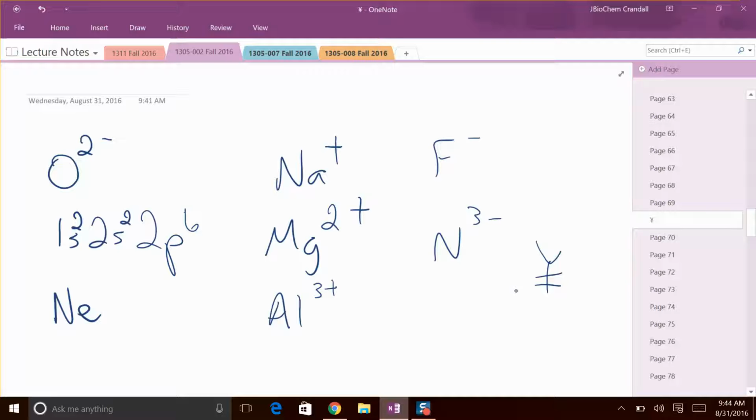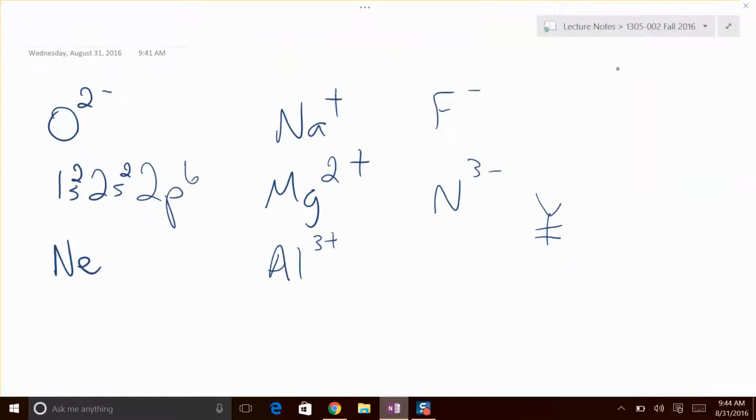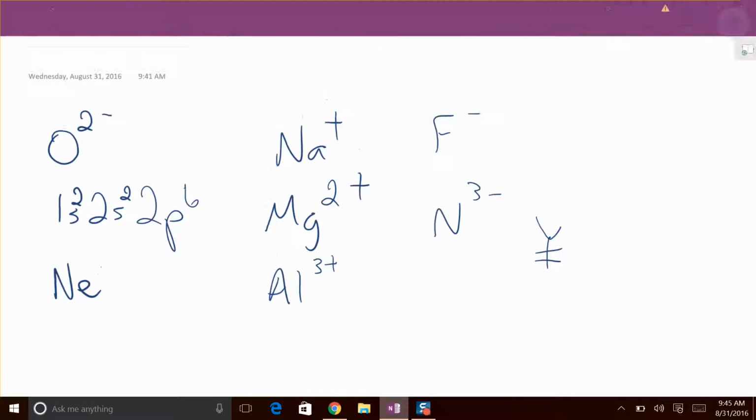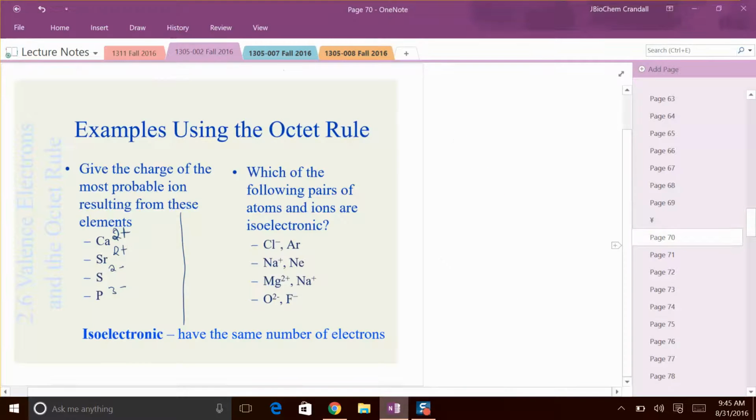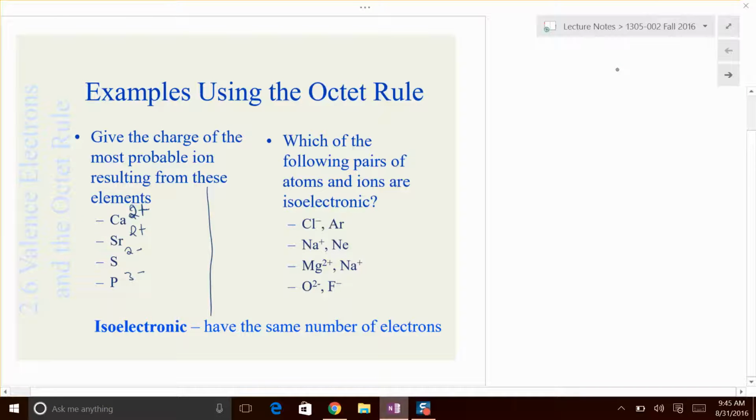Okay. All right, let's go to the next page. So, is chlorine minus isoelectric with argon? Yes. Is sodium plus isoelectric with neon? Yes.